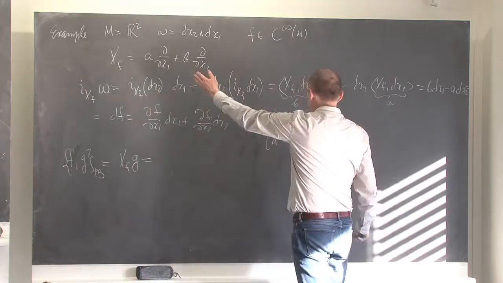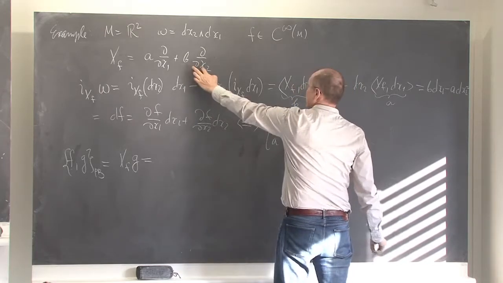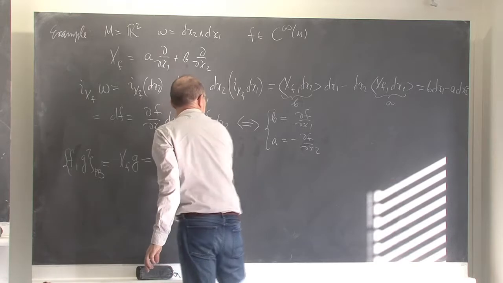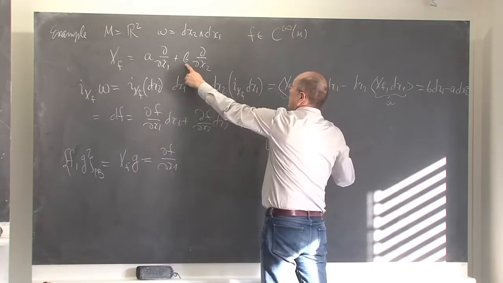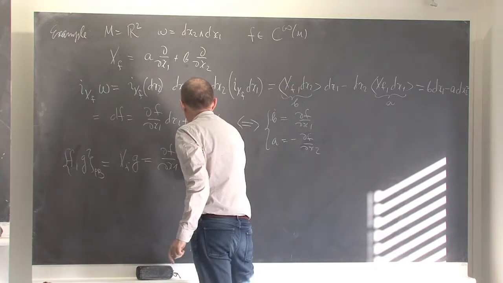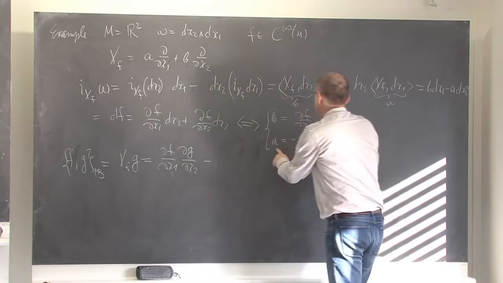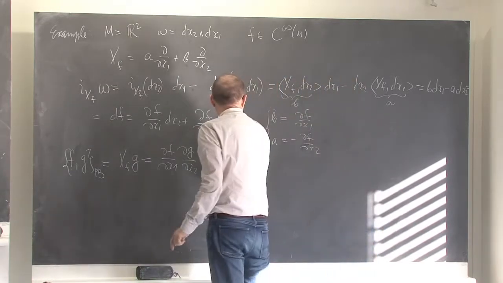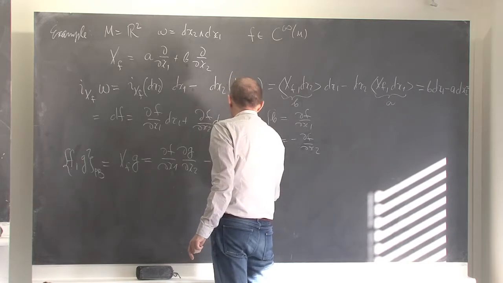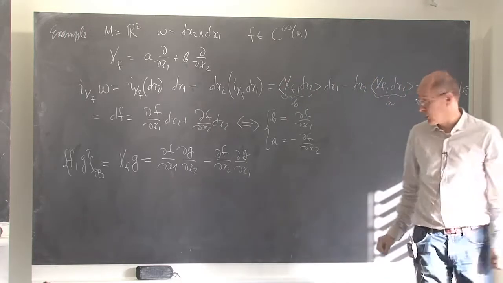We write xf, and probably it is better to start from the second term: df over dx1, that's the coefficient b, d over dx2 applied to g, that is dg over dx2, minus coefficient a, df over dx2, d over dx1 applied to g. So that's the Poisson bracket.